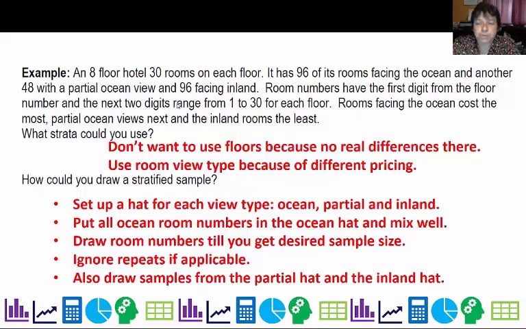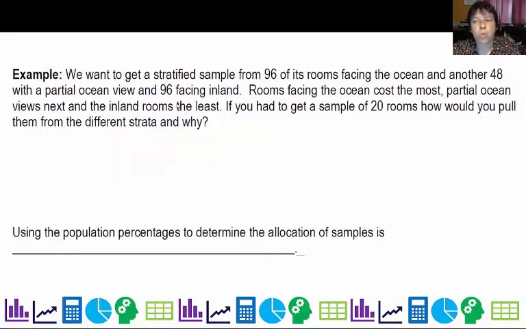Now, if I was drawing samples from these, one thing to keep in mind would be, let's say I wanted 20, all right? If I wanted 20 rooms for my sample, how would I draw it from the different strata? Well, you could say, let me roughly divide by a third. I would get, say, 7 with the ocean view, 7 with the inland view, and 6 with the partial view.